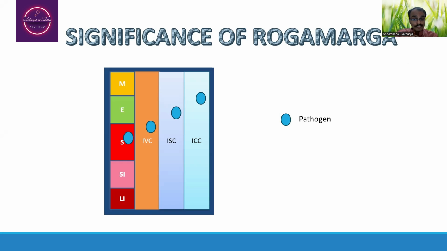If the pathogens are present even inside the cell, the intracellular compartment, so that they are present in all four compartments, then that is considered even more difficult to treat. So this is the significance of Rogamarga.